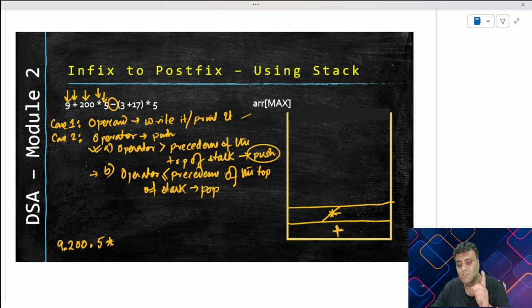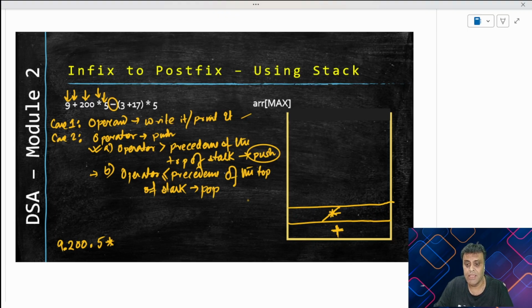The operator can only go to the top of the stack if everybody below it is of lower precedence. The operator has to be higher precedence. So therefore I popped this out from the stack, so that I can get a lower precedence operator. But is plus a lower precedence operator as compared to minus? See, it is less than or equal to.